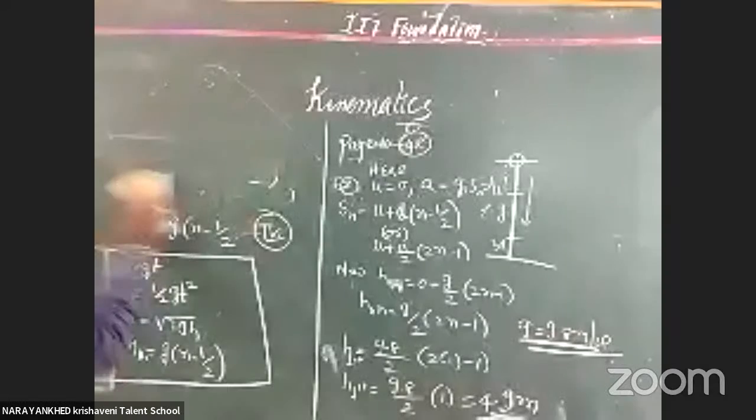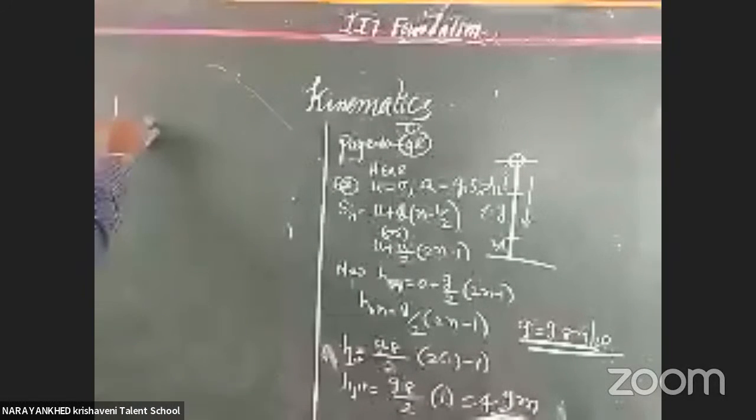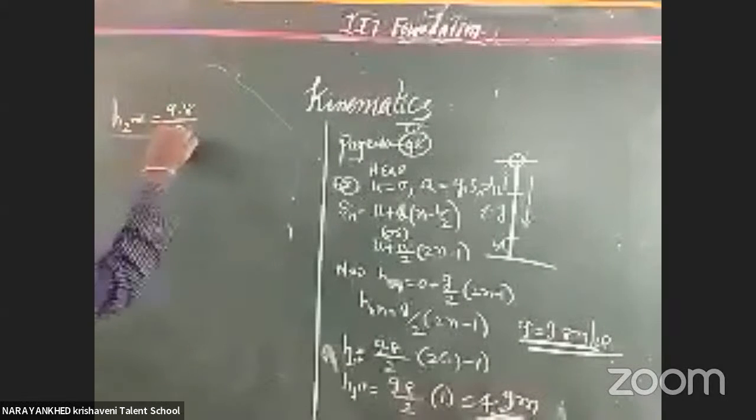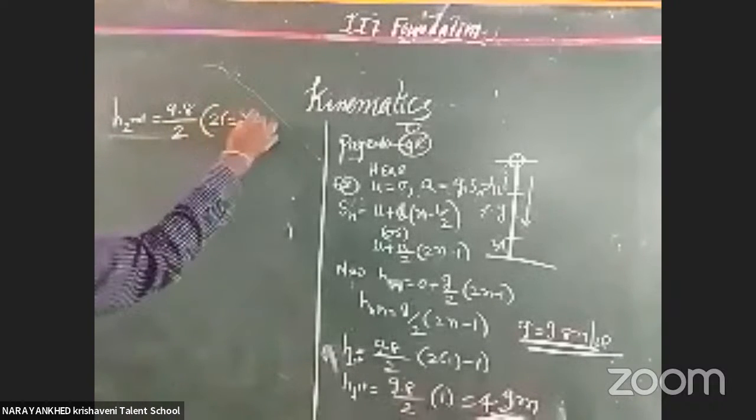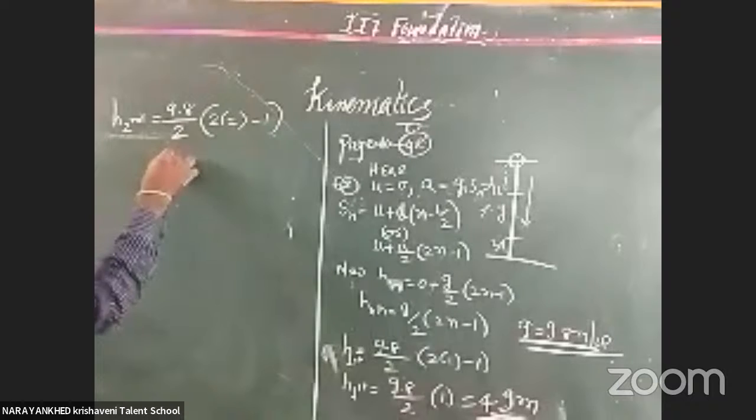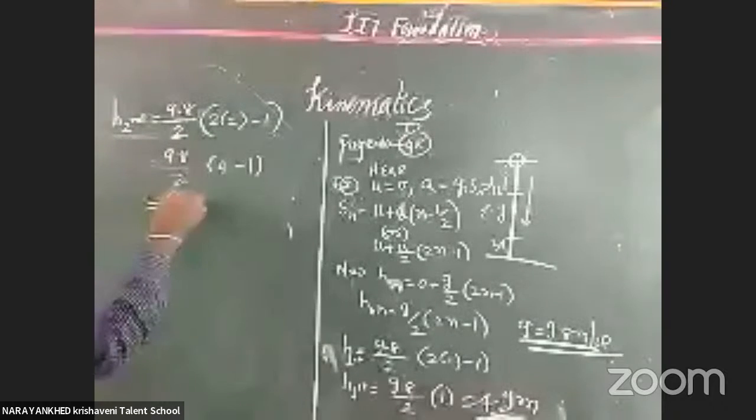the second second. What is g? 9.8 by 2 into, for the second second, 2 into 2 minus 1, that is 4 minus 1. It becomes 9.8 by 2 into 3. Clear or not?